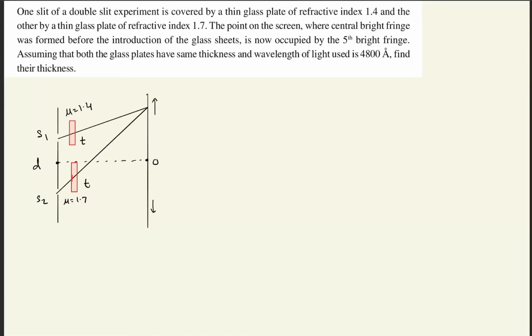Now because the refractive index of the lower slit is more, effectively the whole pattern will shift downwards. So here the whole pattern shifts downward. This is the first result that we can conclude.